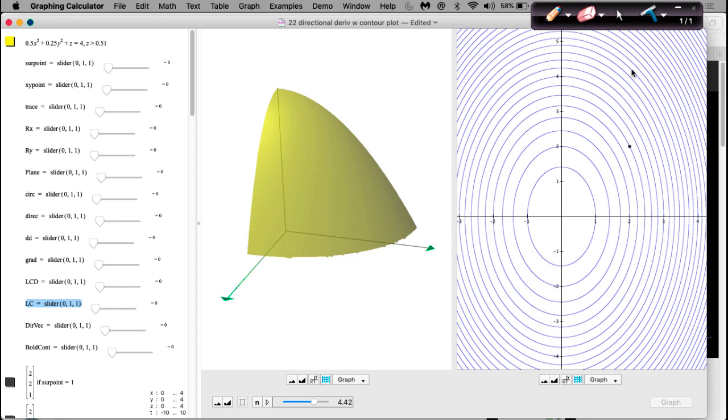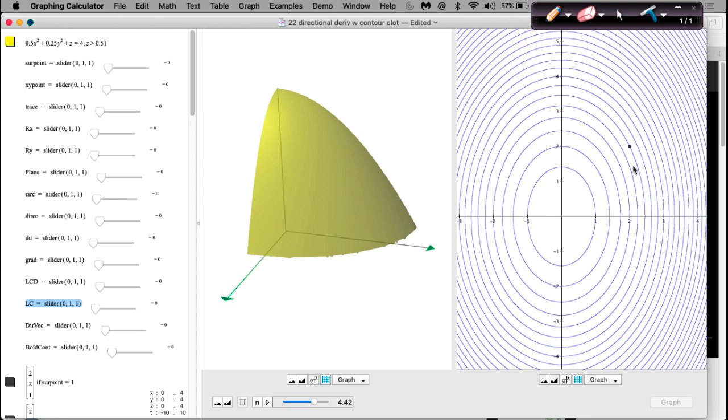So we know that the rate of change straight to the right is, how do we symbolize that? Or what do we call that? Partial with respect to x. And then we know the rate of change straight up is partial with respect to y. But now we're talking about getting a rate of change in any direction from this point.